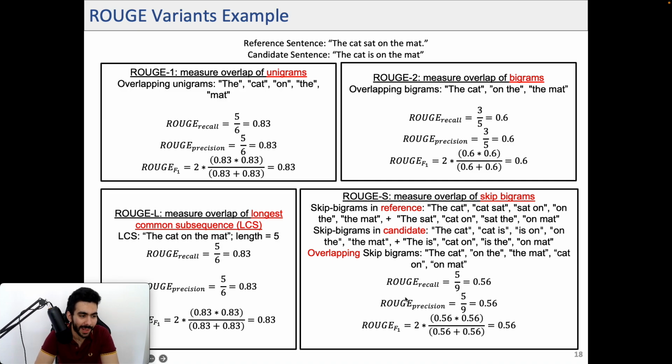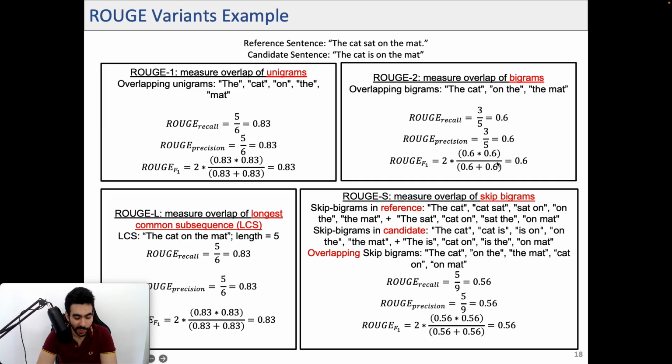And then the overlapping skip bigrams from both the reference and the candidate are going to be "the cat," "on the," "the mat," "cat on," "on mat." The skip bigrams appearing in both the reference and the candidate are still one way to measure a common subsequence between both sentences.